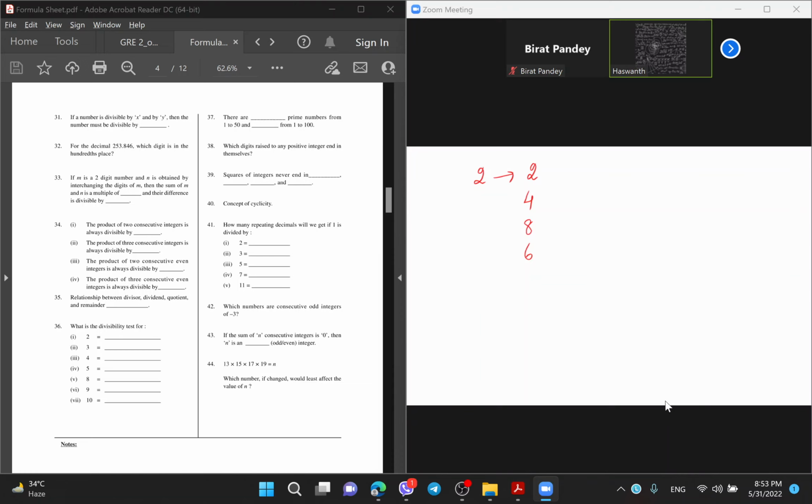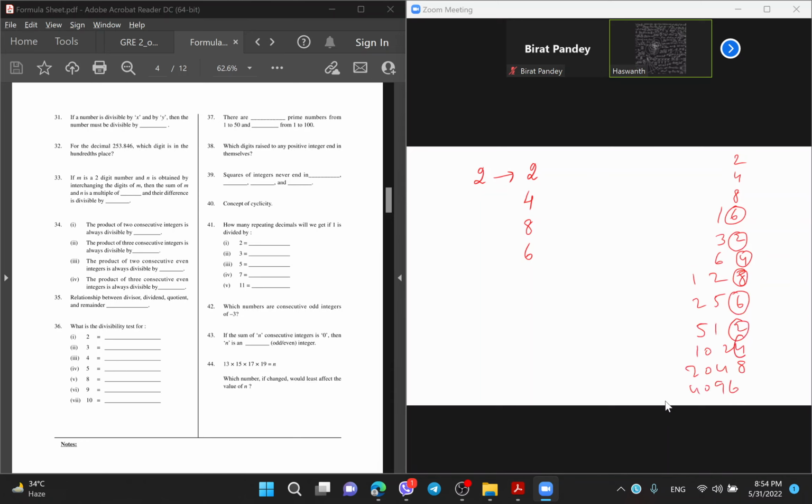For example, 2 square is 4, 2 cube is 8, 2 power 4 is 16, which ends in 6. And after that, 32, 64, 128, 256. Again this 2, 4, 8, 6. After that 512, 1024, 2048, 4096.